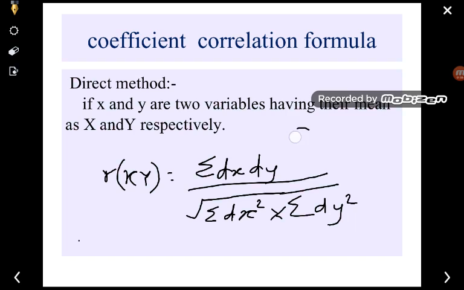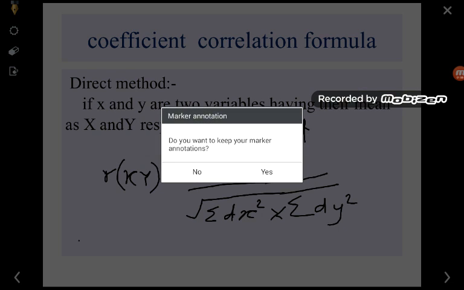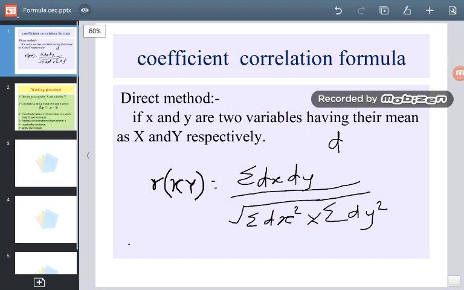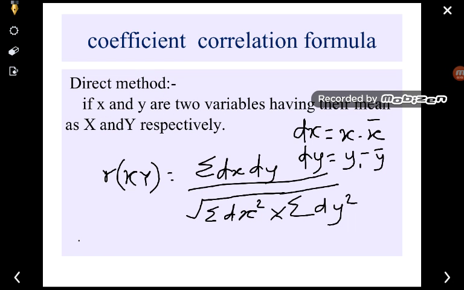Where dx, what is dx? dx is equal to x minus x bar and dy is equal to y minus y bar. If you are asked to find out dx square, then this will be the square of it.